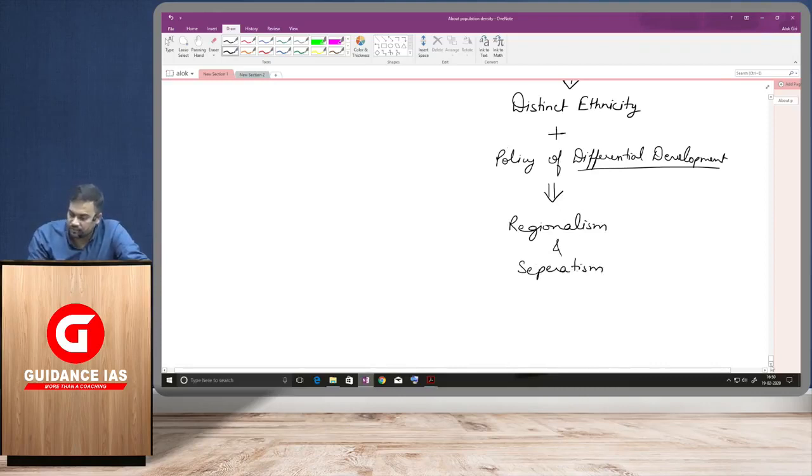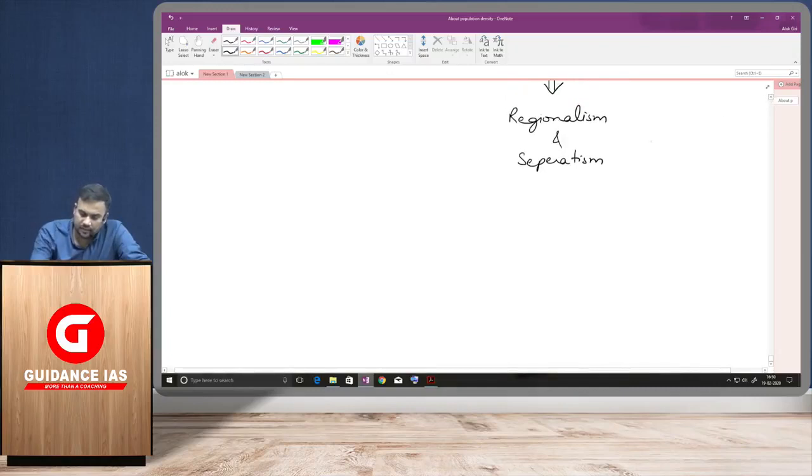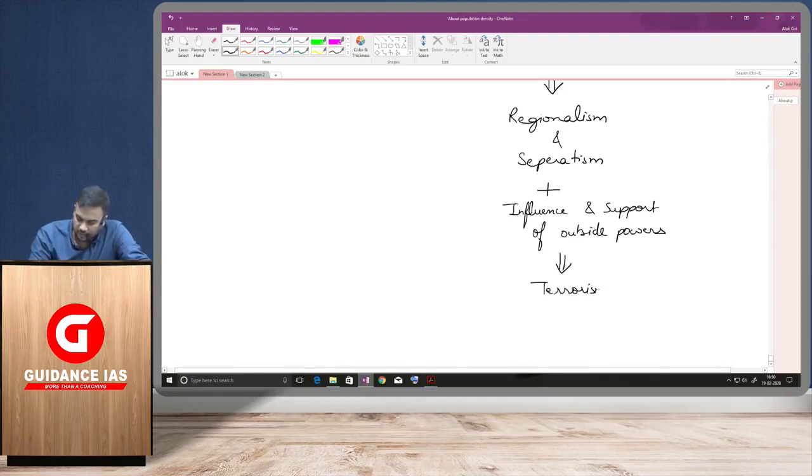Now you combine this regionalism and separatism with influence and support of outside powers. It ultimately culminates into problems like terrorism. Okay? So this is the main consequence.